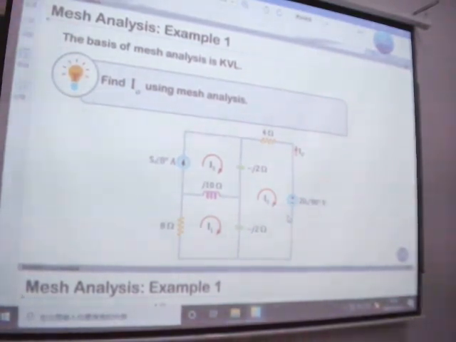Yes. For B11, we're going to see the 8 minus 2 is there, for loop 1, right? For loop 1, we have 8Ω minus 2j plus 10j minus 2j. Clear?